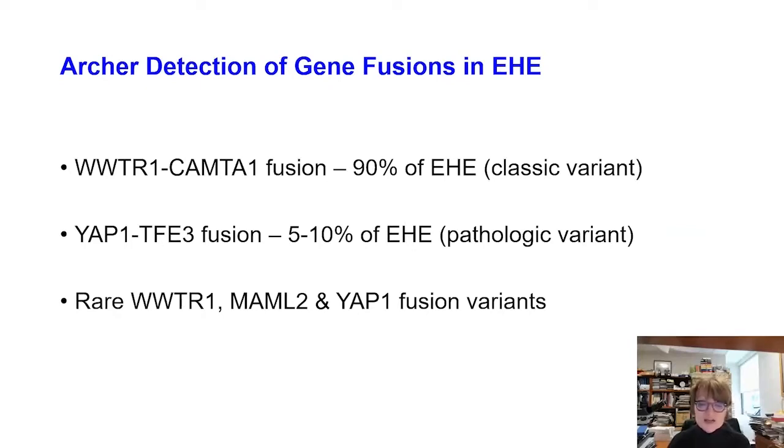The second fusion is YAP1-TFE3, which occurs in 5 to 10% of epithelioid hemangioendothelioma, and this correlates with a different pathologic variant under the microscope. By using this method, we were also able to pick up rare molecular variants, which I'm going to describe in a second, involving either WWTR1, MAML2, or YAP1.